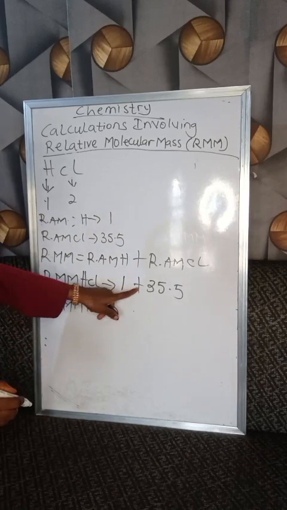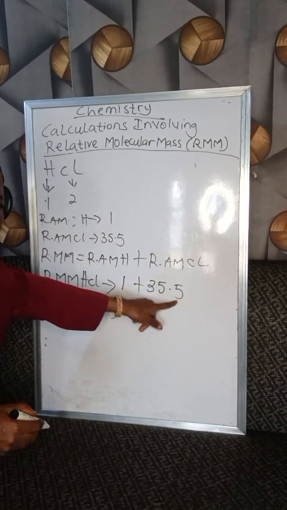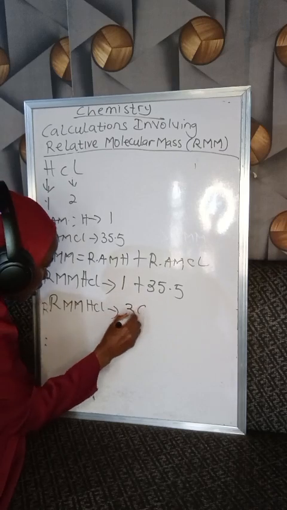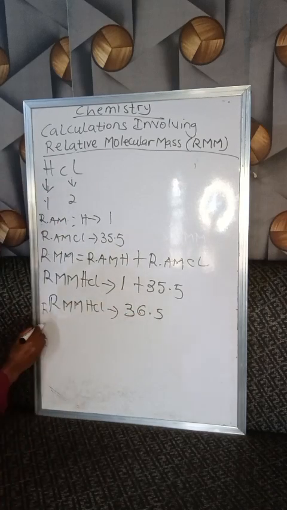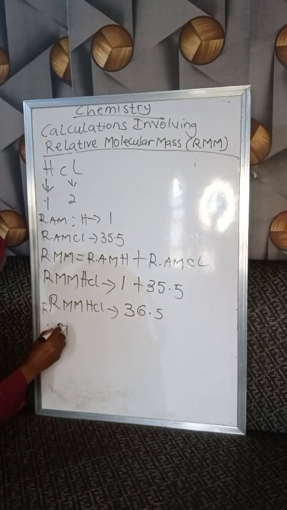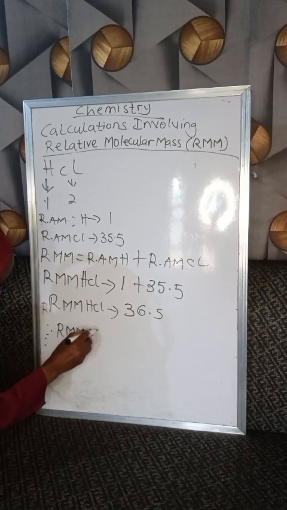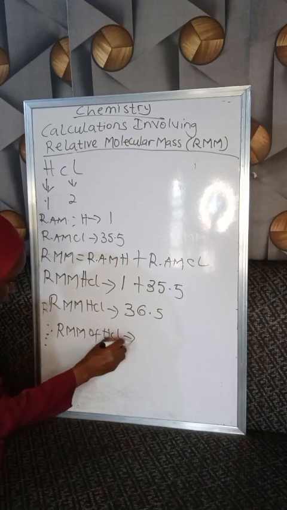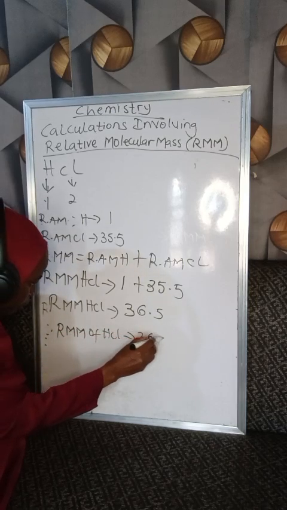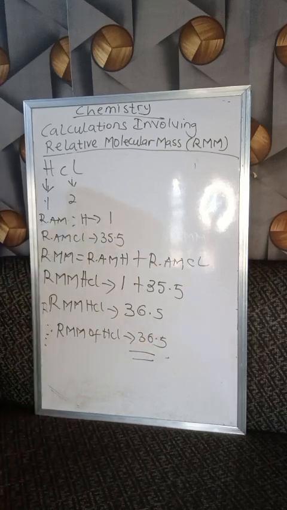If you add 1 to 35.5, you are going to get 36.5. Therefore, the relative molecular mass of hydrogen chloride is 36.5. That's the answer.